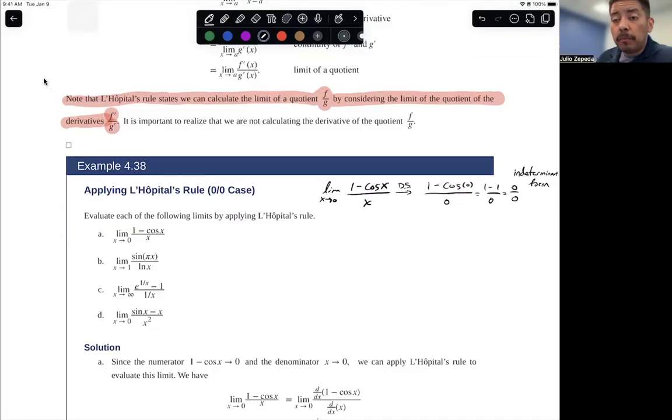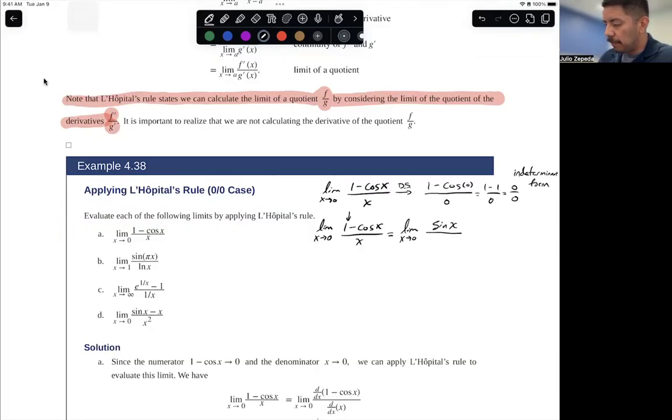Okay, so when we get this 0 over 0 behavior, L'Hopital's rule says this limit as x approaches 0 of 1 minus cosine x over x is equal to the limit as x approaches 0 of the derivative of 1 minus cosine x. That would be sine x, right?